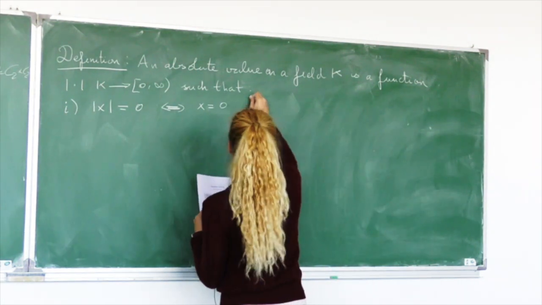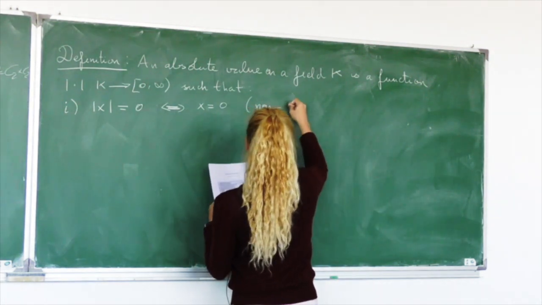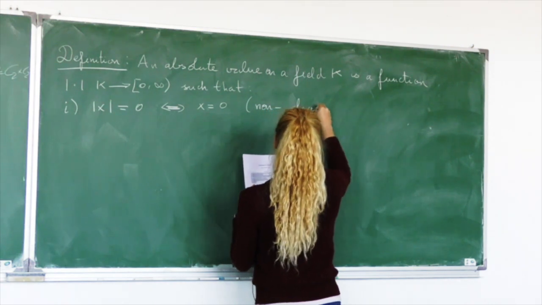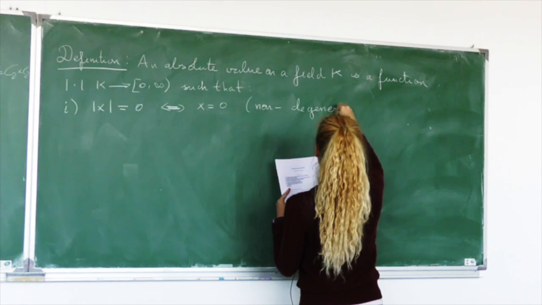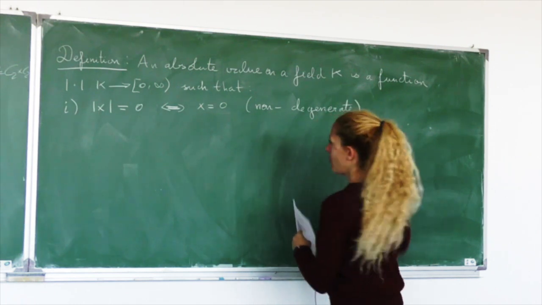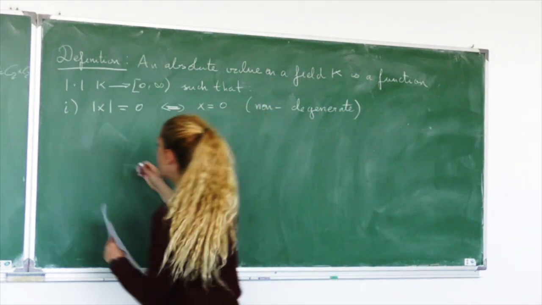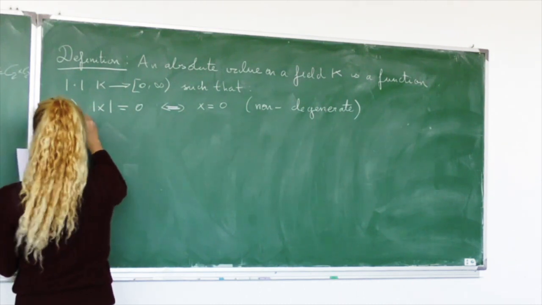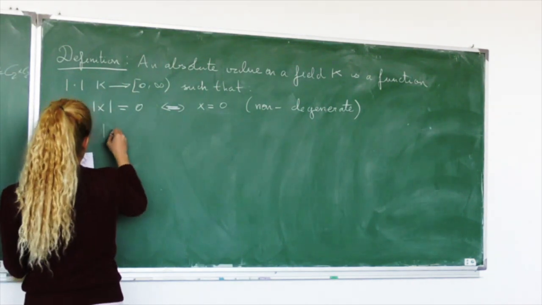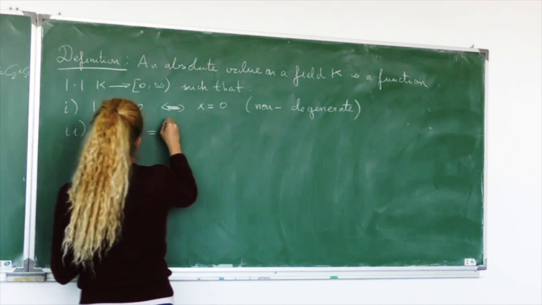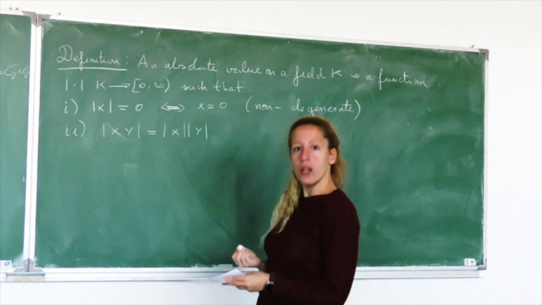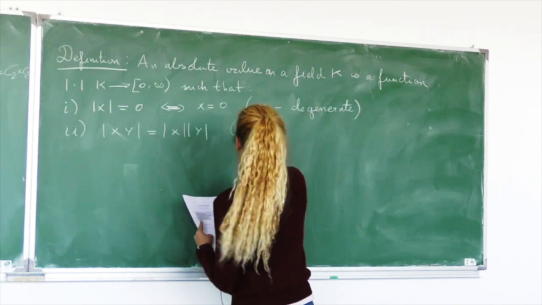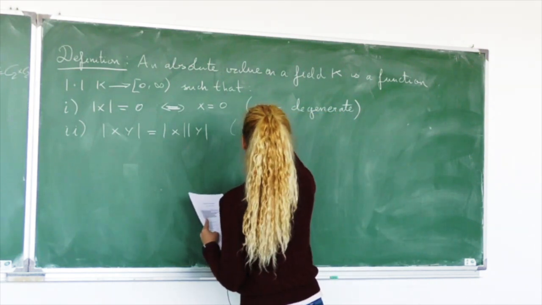And this property is called being non-degenerate. Okay, this is the first property. The second property that we ask is that it is multiplicative, meaning that the absolute value of a product is equal to the product of the absolute values. So this is being multiplicative.